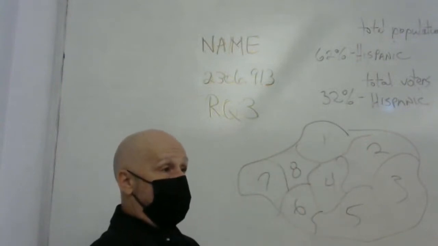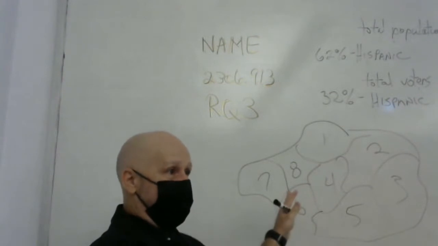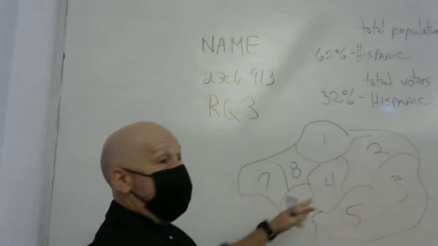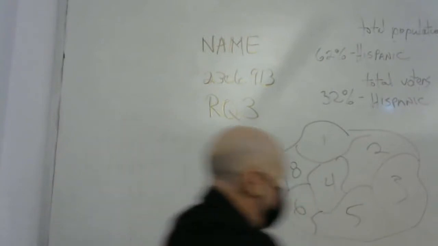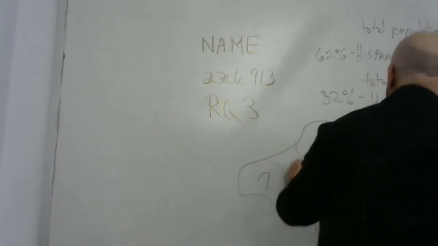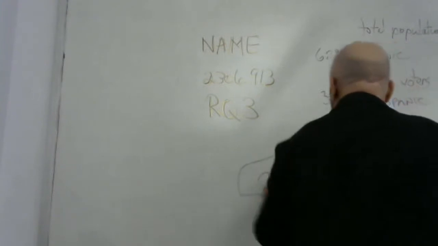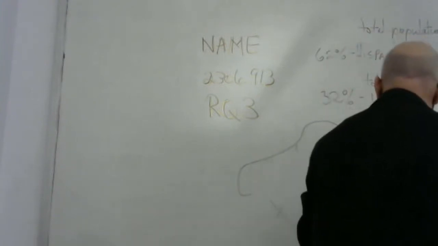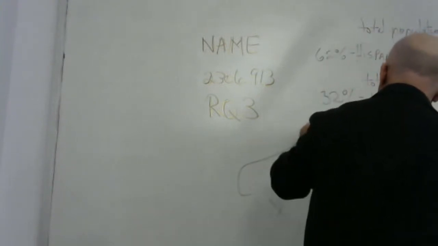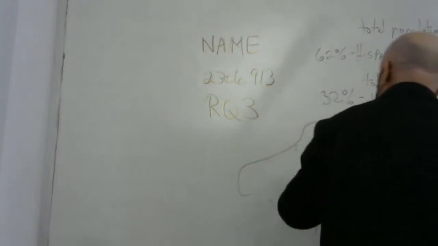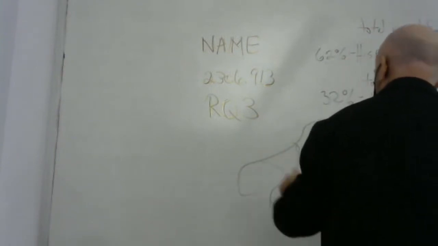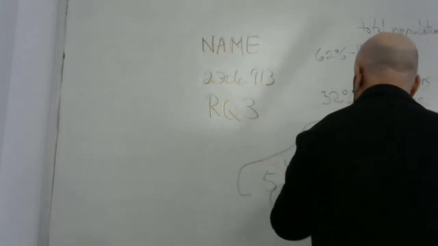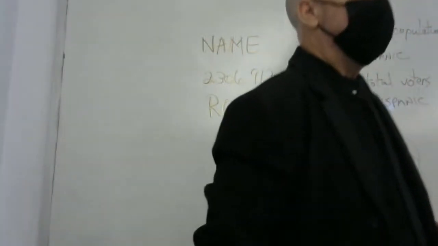And what they were proposing was changing this so that you eliminate a couple of these single member districts and replace them. Maybe now what they want to do is something like this, okay, where you have a fewer number of districts. I think they said 6, okay? Something like that, okay?